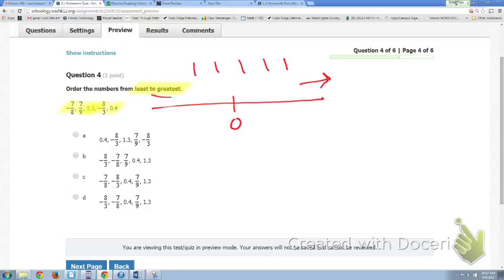So my advice to you with this one, I don't think I'll make one up and solve it. My advice to you is to put each number in the same form.